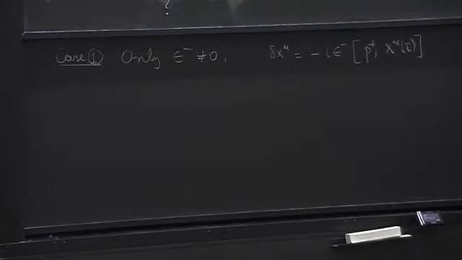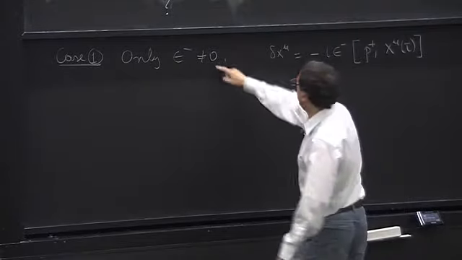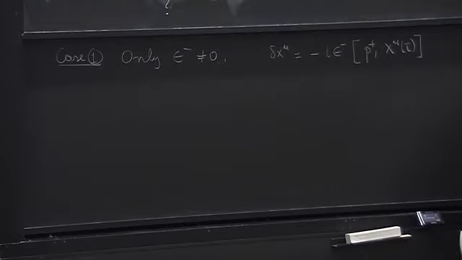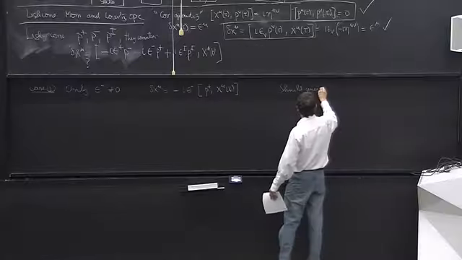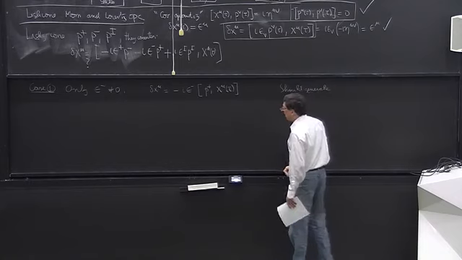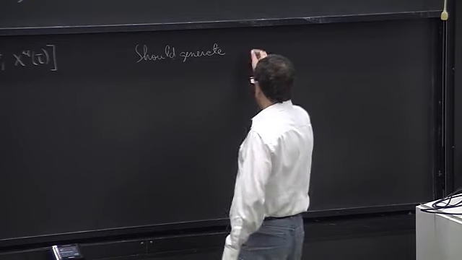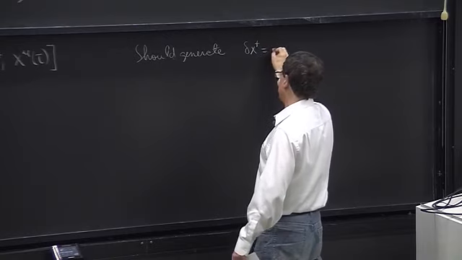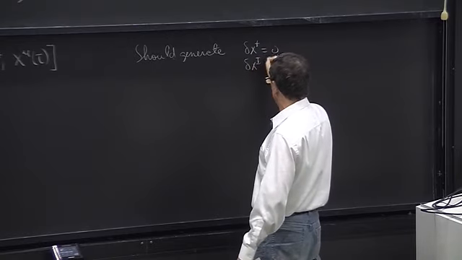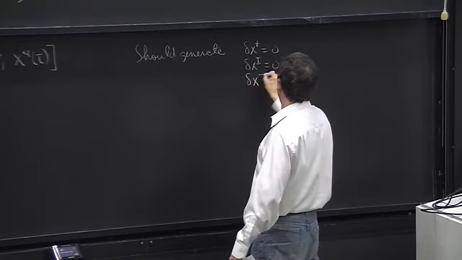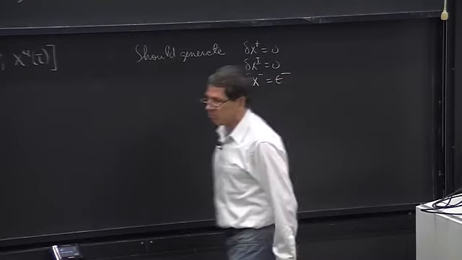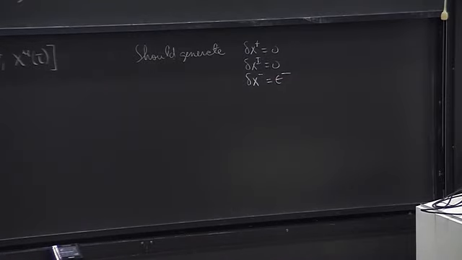Now, an epsilon minus different from 0 should generate, you expect, a translation, is that right? It should generate delta x plus equals 0, delta xi equals 0, and delta x minus equals epsilon minus, because it's a translation in the minus direction. That's what it should do. So let's see if it does.